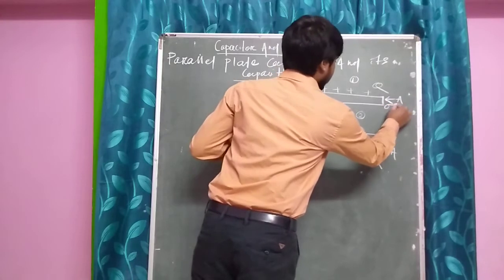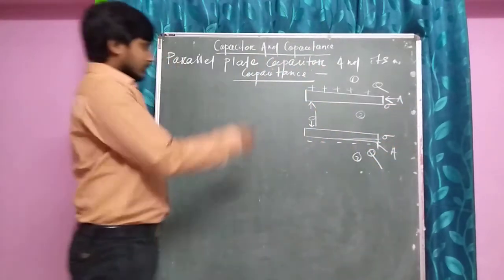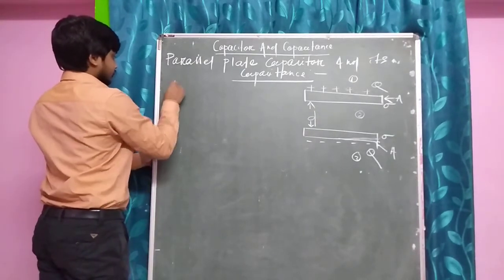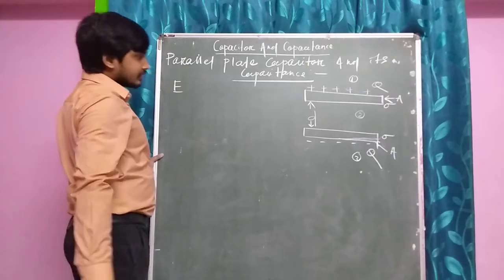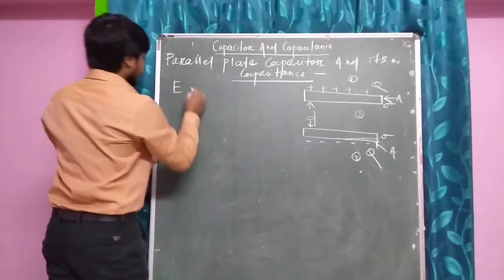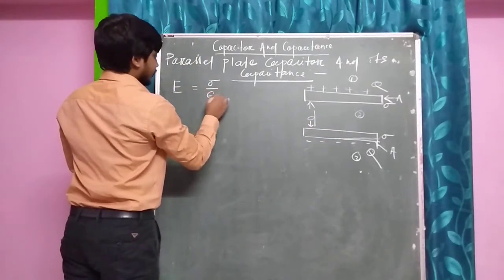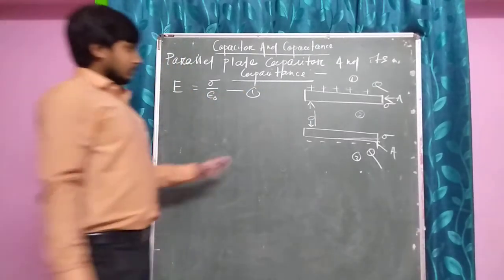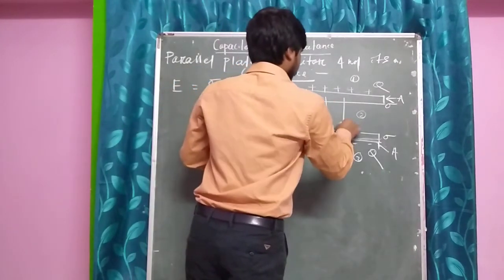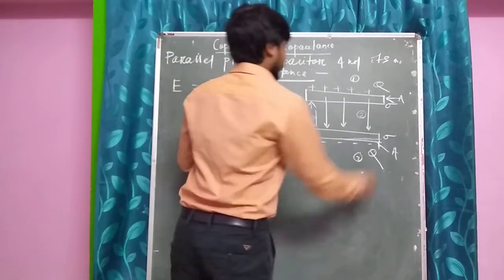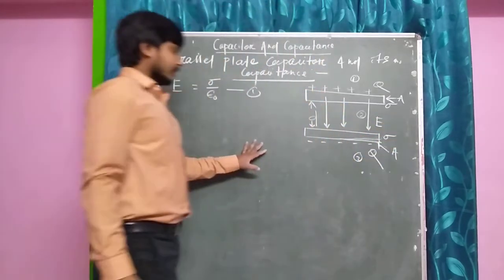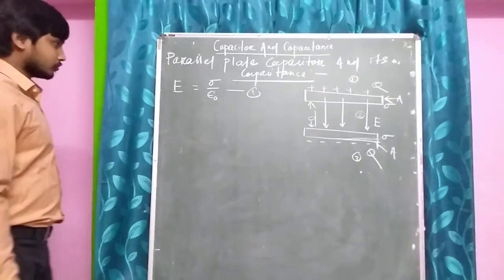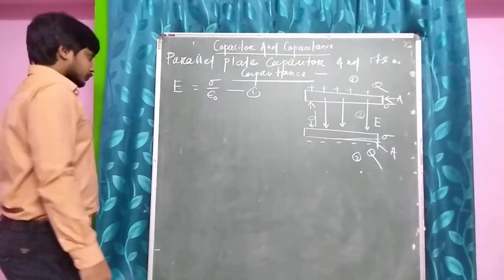And if sigma is the surface charge density, then the electric field E in region 2 is given by sigma by epsilon naught. It will be directed in this direction, and the value of E between the two plates will be sigma by epsilon naught. Is it clear?